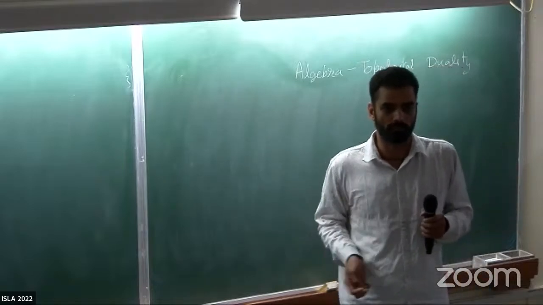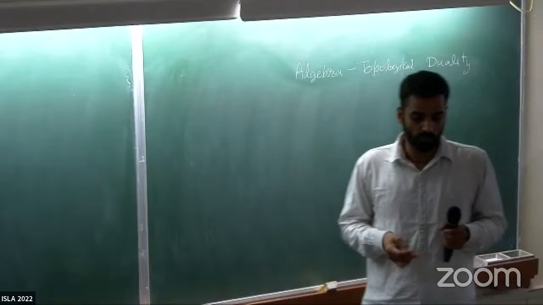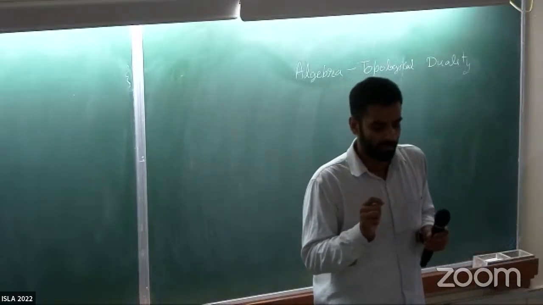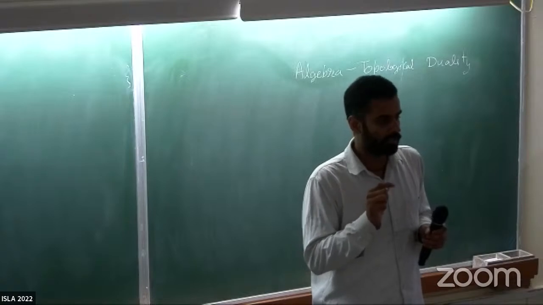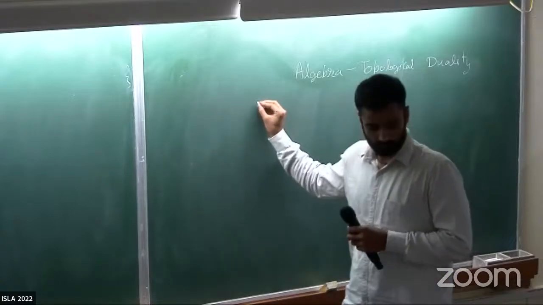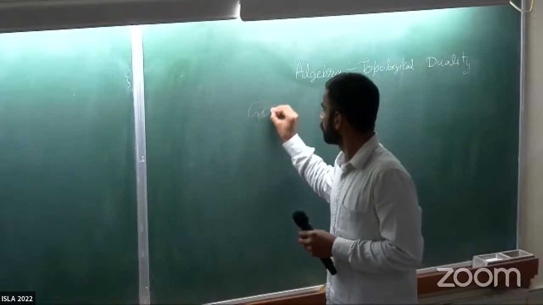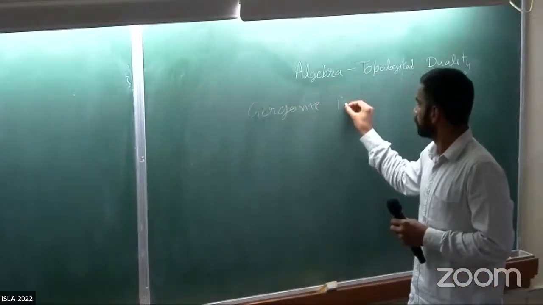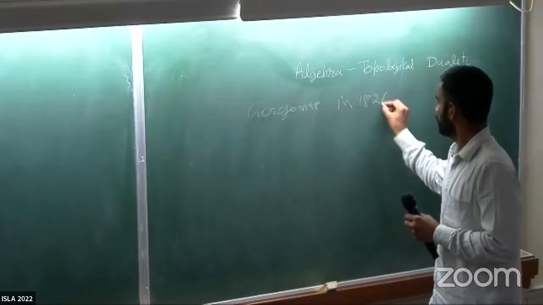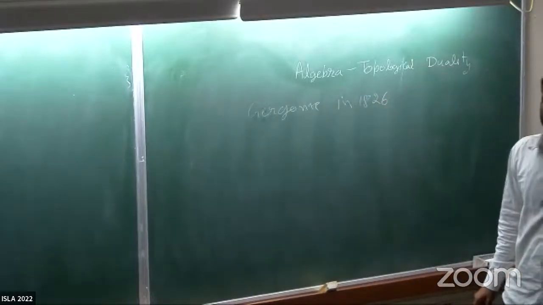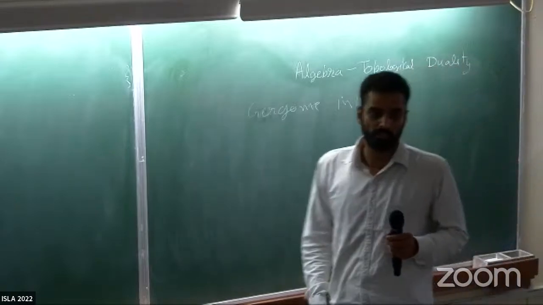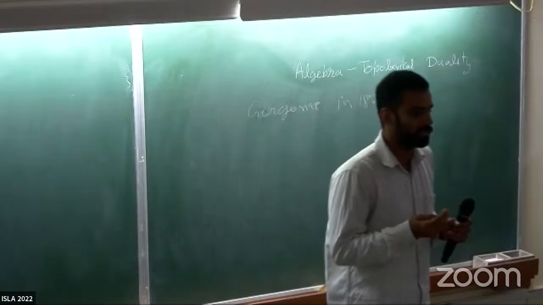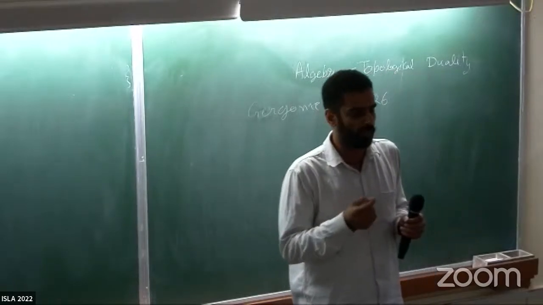Duality was first defined by Gergonne in 1826 for projective geometry, where the duality is defined as: 2 points give a line and 2 lines give a point.